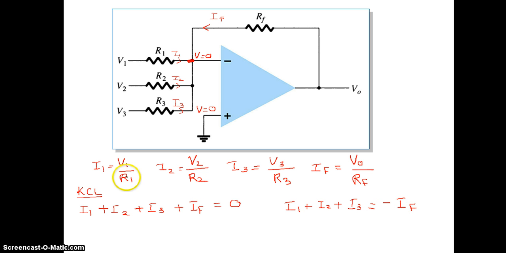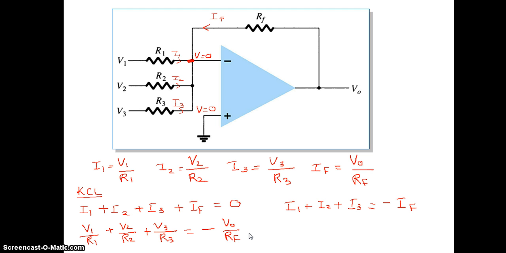Just substitute the values of I1, I2, I3 and IF into this equation. So we will get V1 divided by R1 plus V2 divided by R2 plus V3 divided by R3 should be equal to minus IF, which is VO divided by RF.